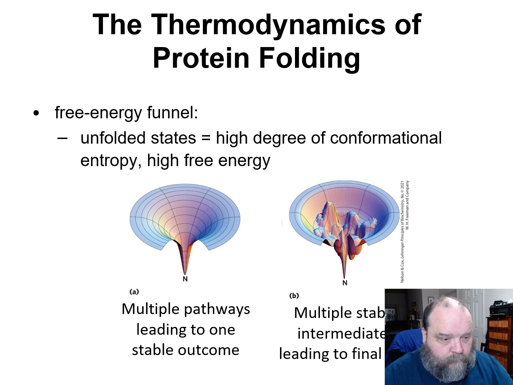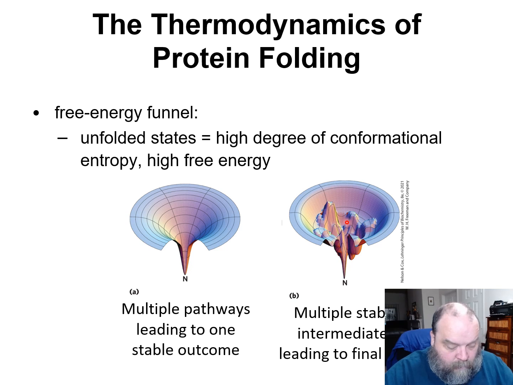thermodynamics. If you think of a free energy funnel, okay, you start with an unfolded polypeptide, it folds, great, boom. Multiple pathways leading to one complete, stable, nice, smooth. It just happens. Or, it's a bunch of intermediate steps, some of them working against each other, that finally ends up where you want to be.